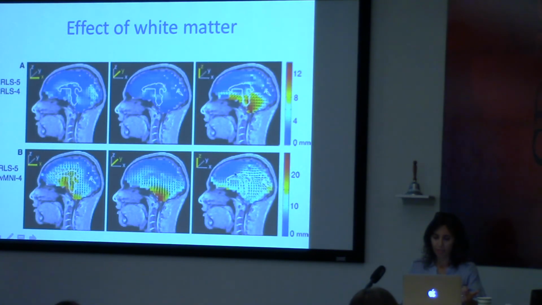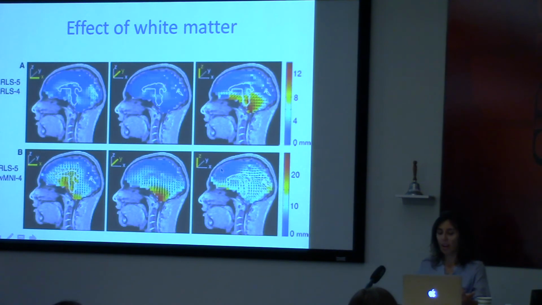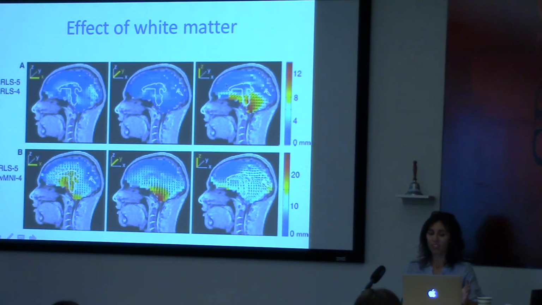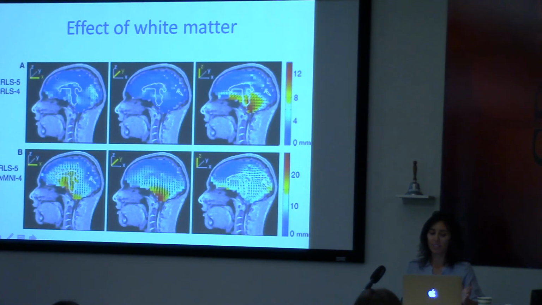In the cortical areas, the errors were up to 5 millimeters. In the basal areas, so in lower areas, the errors would go up to 1 centimeter. But usually in the cortical region, it wasn't that significant.